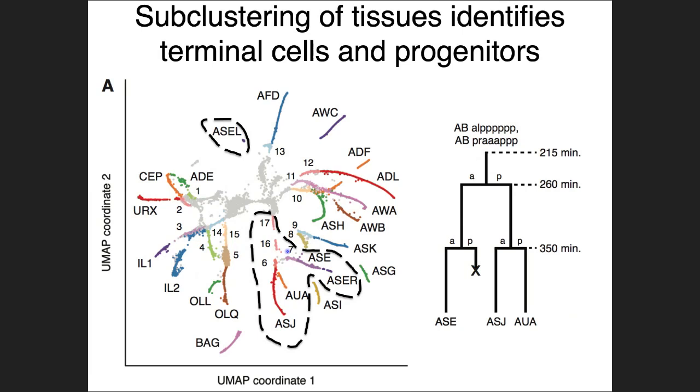So that's all good. But then there's other stuff here that doesn't make sense, right? So for example, the ASE neuron itself actually is really two cells. There's a left and a right. And most of the cells in the embryo are left-right bilaterally symmetric, and we don't resolve them. We basically see ASH neuron, for example, there's two of those, and we just see them all pooled together as ASH neurons.